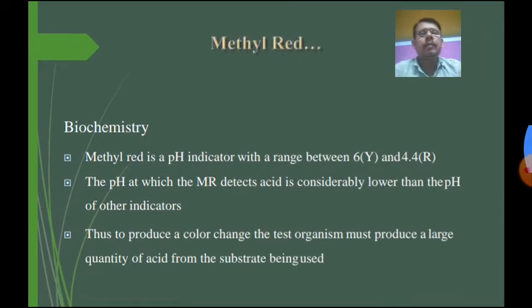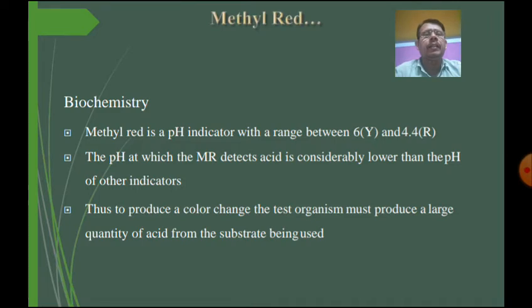Methyl red test. In biochemistry, methyl red is a pH indicator with a range between 6 and 4.4. At 6 it is yellow, and at 4.4 it is red. The pH at which methyl red detects acid is considerably lower than for other pH indicators. Thus, to produce a color change, the test organism must produce a large quantity of acid.